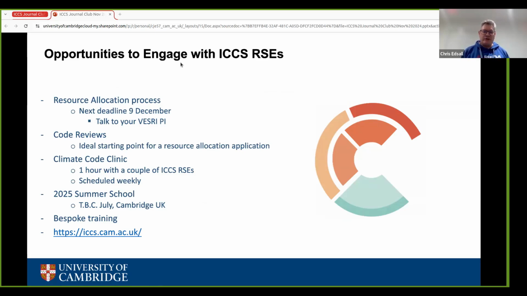If this interests you, if you would like to do more research software engineering, or you don't know where to get started but want to ask, you can engage with the team here at the Institute of Computing for Climate Science. We have various methods of engagement. Our flagship offering is allocating resource to work with your project for a certain amount of time, usually 3, 6, 9, or 12 months.